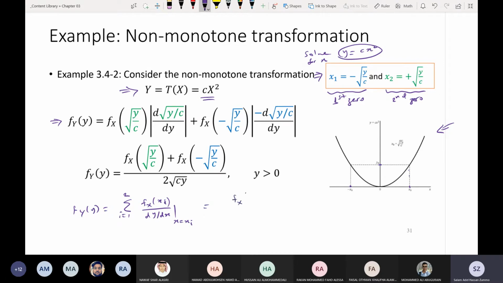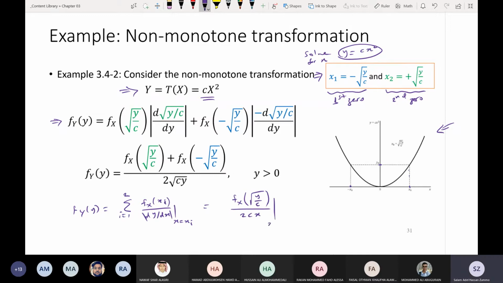It's fx of xi divided by the derivative. What is the derivative dy/dx here? 2cx.